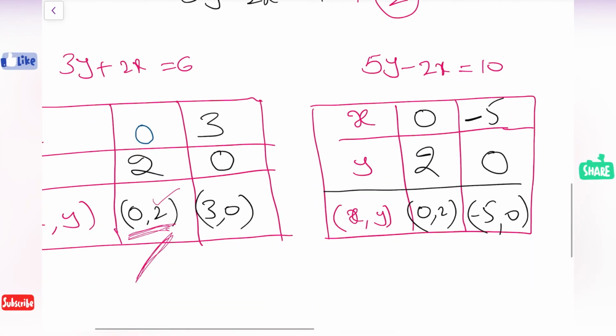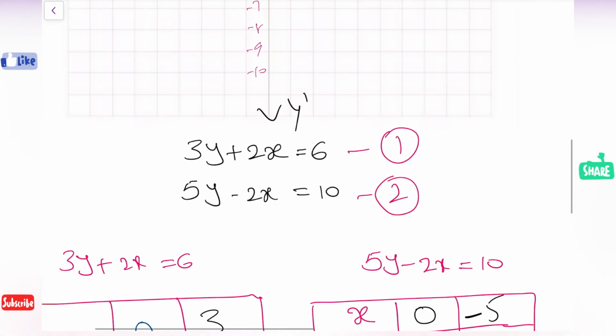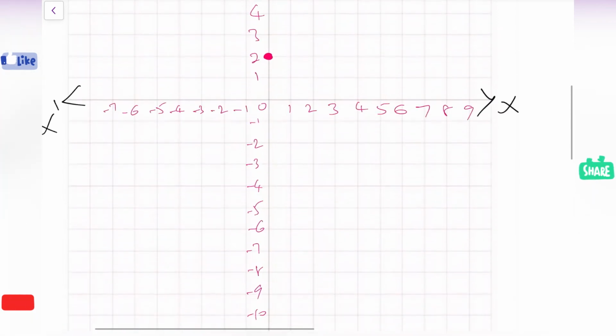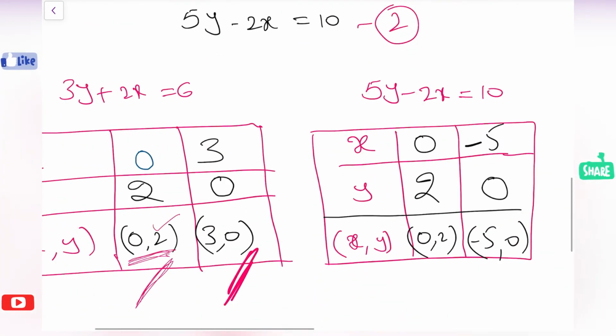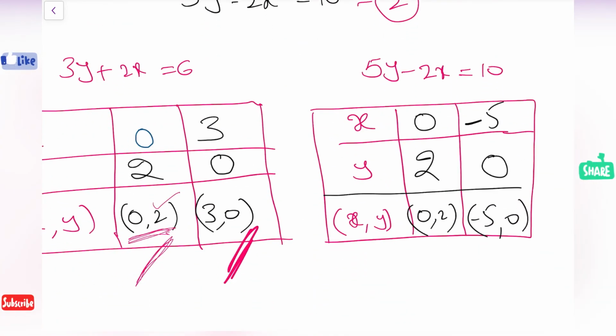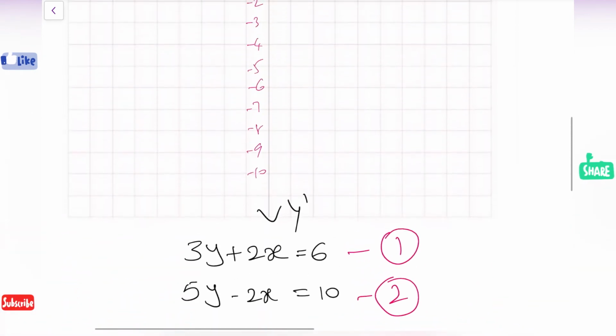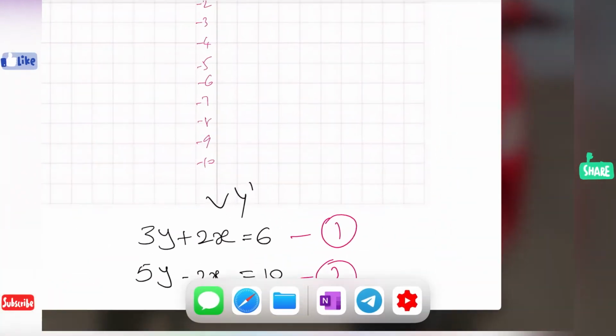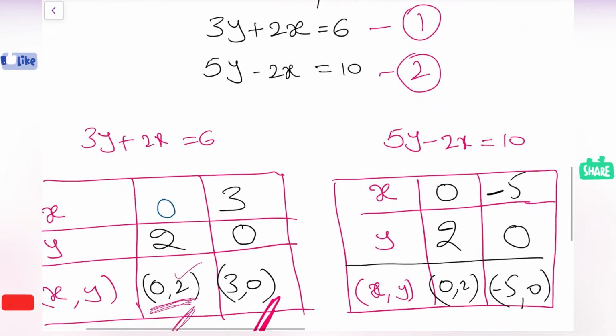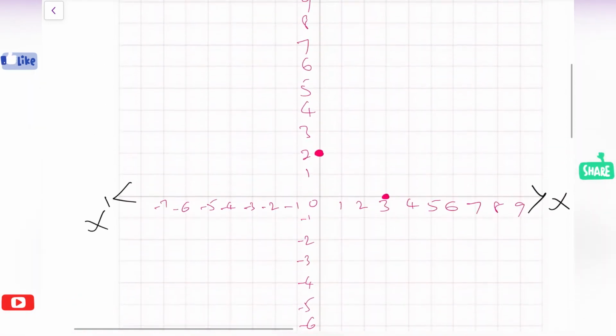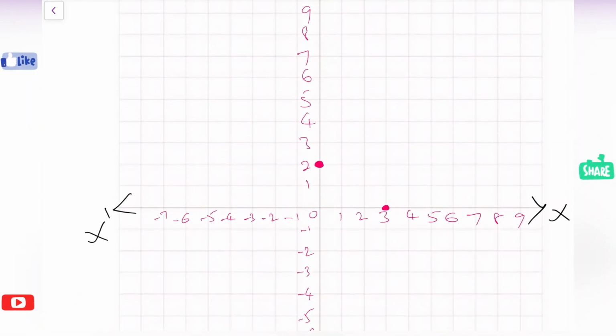Next you have 3 comma 0. On the x axis at 3 we need to keep that dot. So 0 comma 2 and 3 comma 0, both the points we represented on the graph paper.